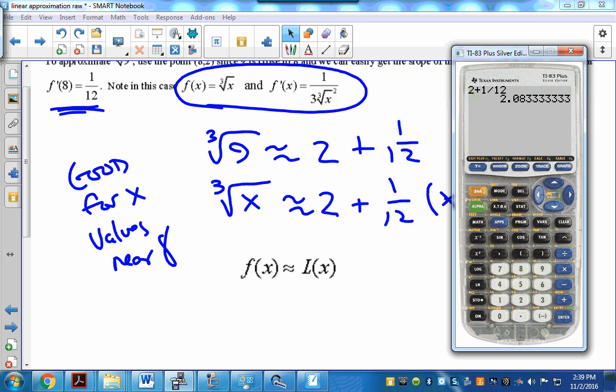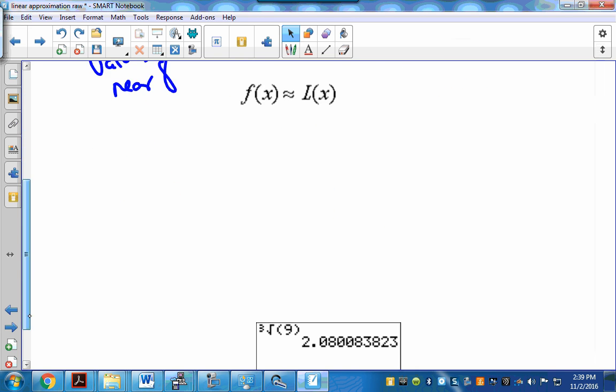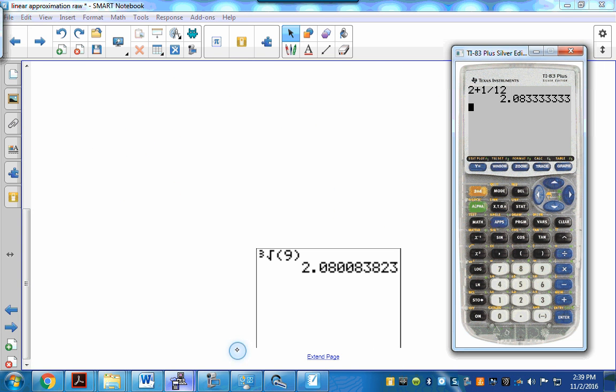And here's what my calculator gives me. Okay, so you see I'm not terribly bad. Too big or too small? Let's see, here's my approximation, 2 plus 1/12, 2.0833. That's what my calculator says, 2.0800. My approximation's too big.